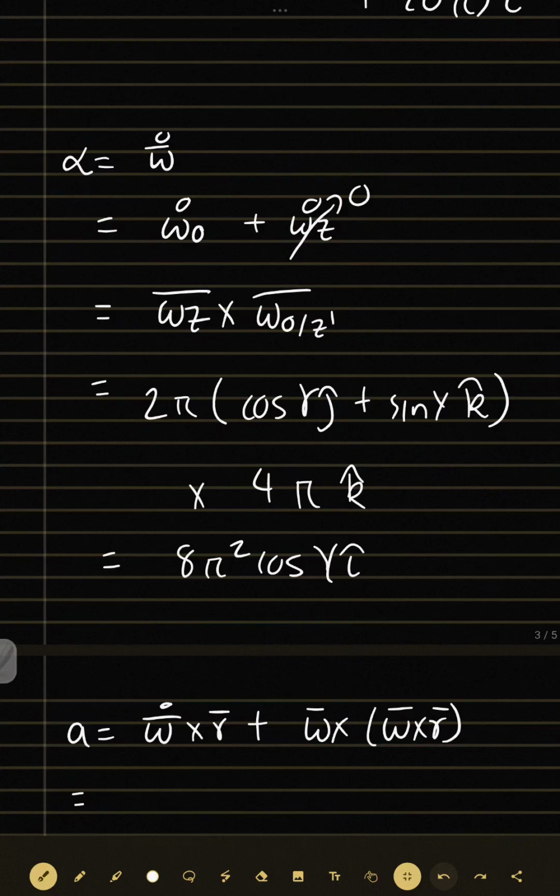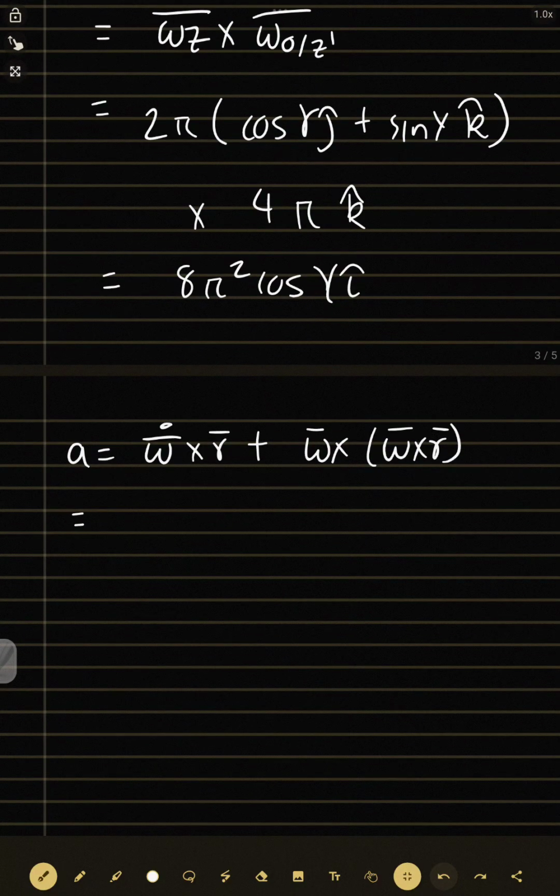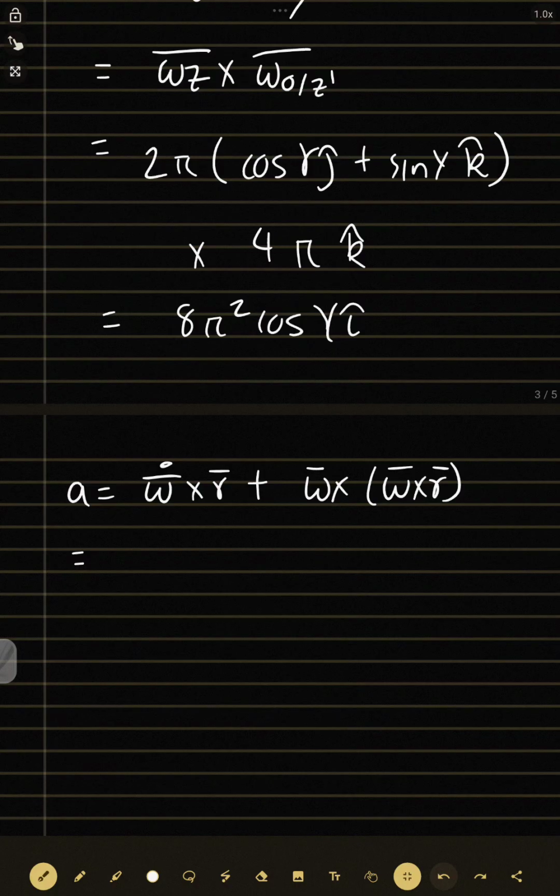So what you can do when you are writing for the cross product, you can replace it as omega cross. Now what is r? Omega you have found out, alpha you have found out. You have to express r in which coordinate system? Express everything in the A coordinate system. So what is r?